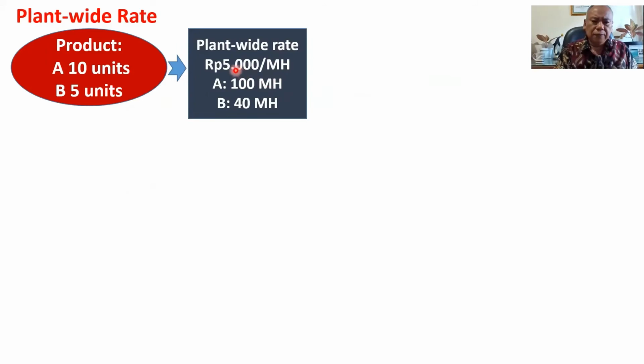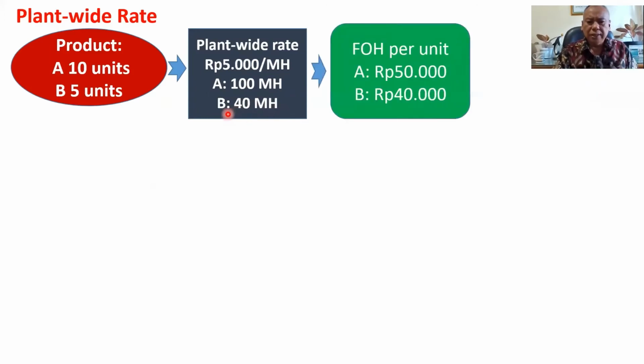So the rate is 5,000 per machine hour. It takes 100 machine hours for product A and 40 machine hours for product B. And then we can assign this factory overhead cost to each kind of product, and then we can calculate the cost per unit.